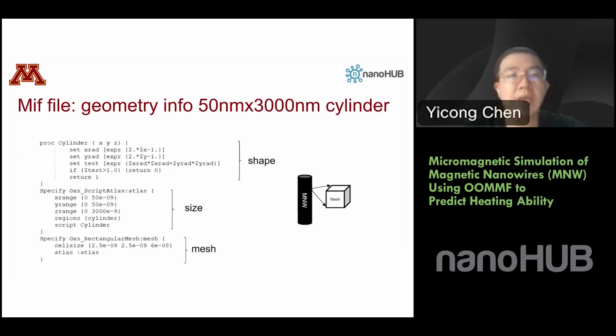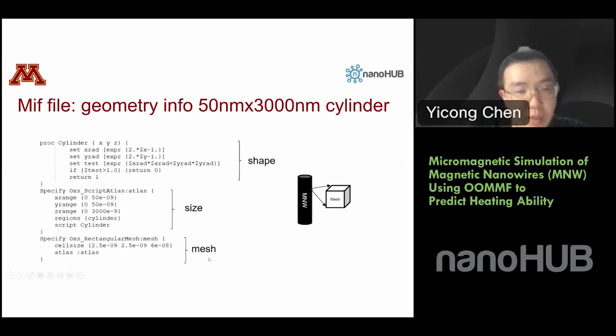All right, here comes the specific block in the MIF file. First, it determines the geometry information. You can see here's a block for shape, cylinder. Here's the size, which is represented by X range, Y range, and Z range.